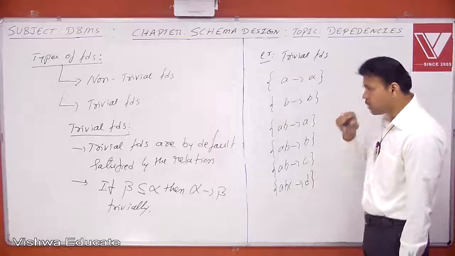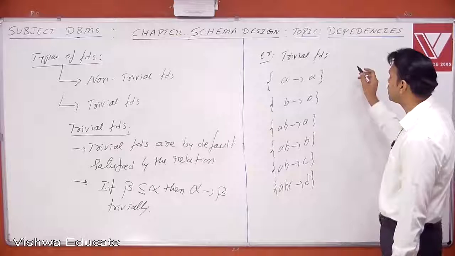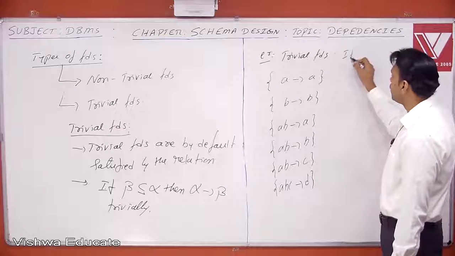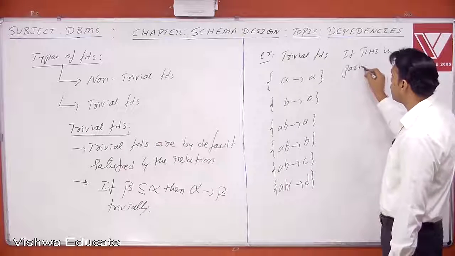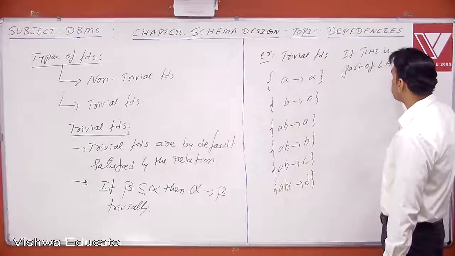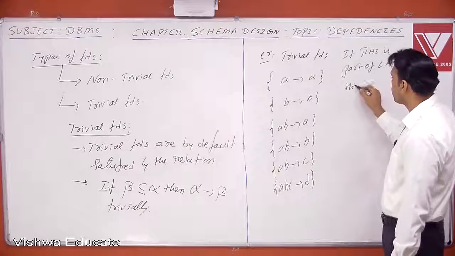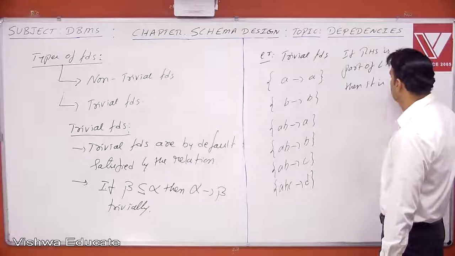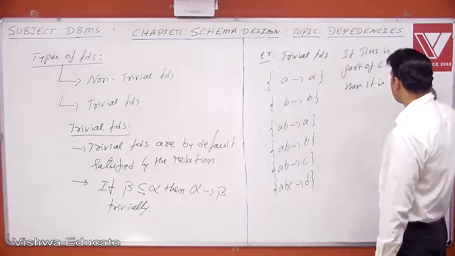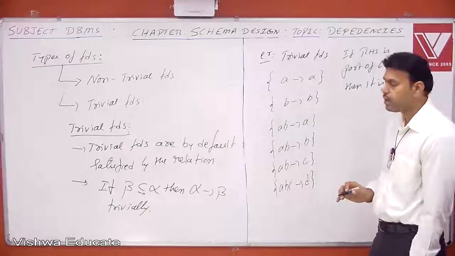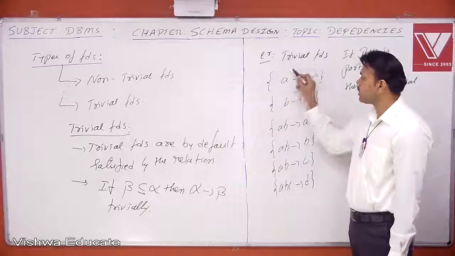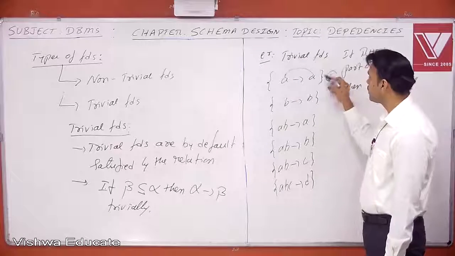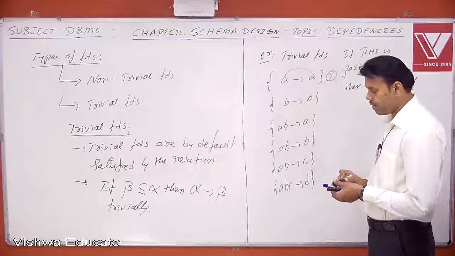I will tell you the other shortcut also. What is the other shortcut? If the RHS is part of the LHS, then it is trivial. This is the shortcut. Now you tell me, RHS is what? A. It's a part of the LHS, therefore it is trivial.